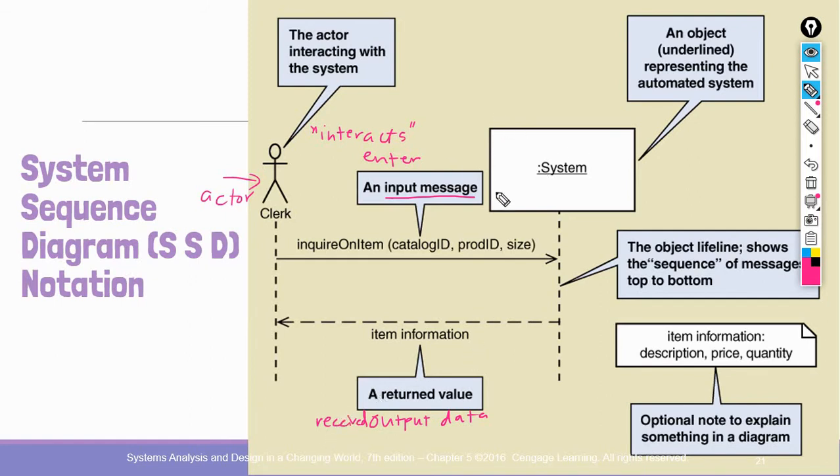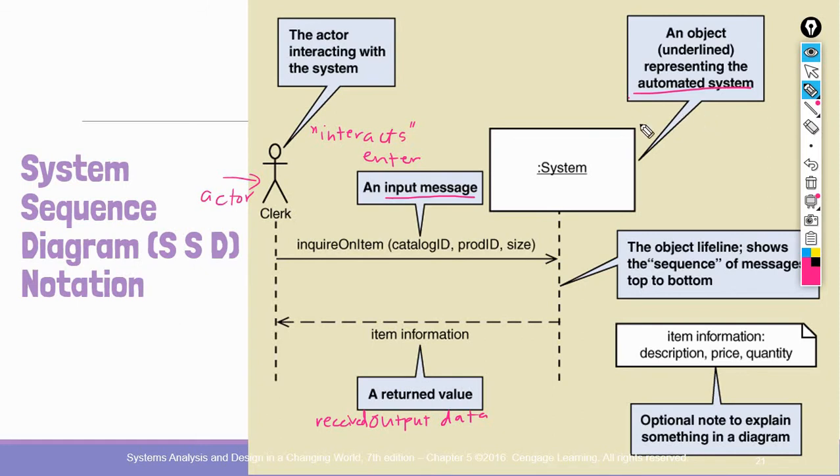The box labeled :system is an object that represents the entire automated system. In SSD and all other interaction diagrams, analysts use object notation instead of class notation.